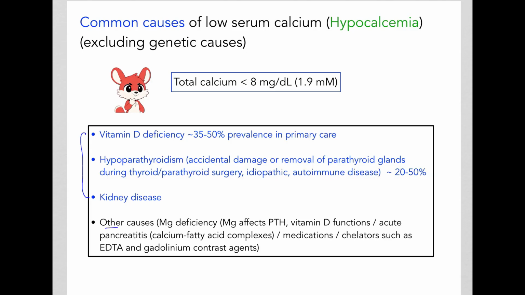There are other causes of hypocalcemia that include magnesium deficiency. Magnesium affects PTH as well as vitamin D functions. Acute pancreatitis can cause hypocalcemia because the calcium can complex with fatty acids that are released in pancreatitis, inflammation of the pancreas, thereby forming these complexes that take away the calcium and reduce serum calcium levels.